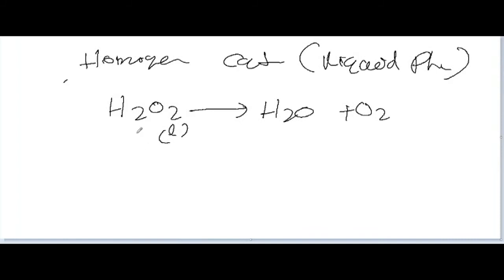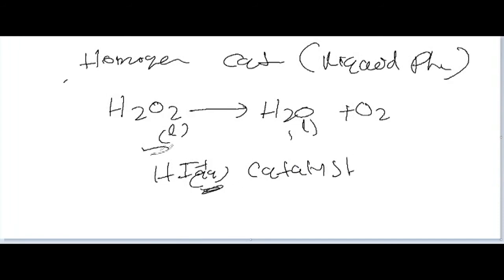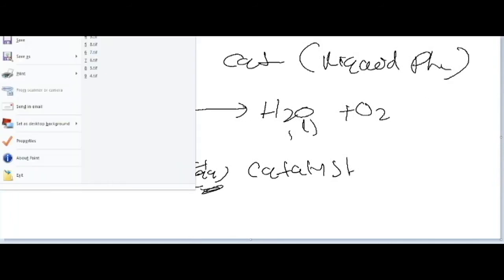The reactant H2O2 is in a liquid medium, and the product is also liquid, but here we normally use I minus or HI in aqueous medium as the catalyst. So this is a liquid medium and this one is also liquid, therefore this is homogeneous catalytic activity in the liquid phase.